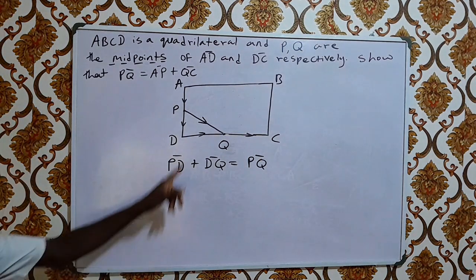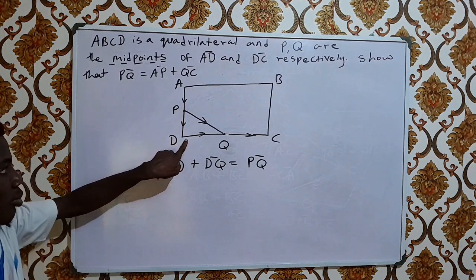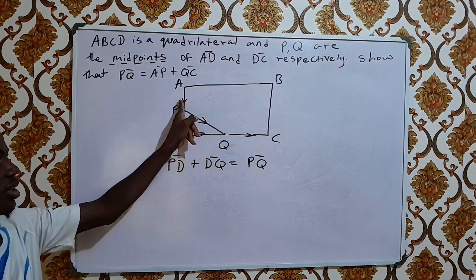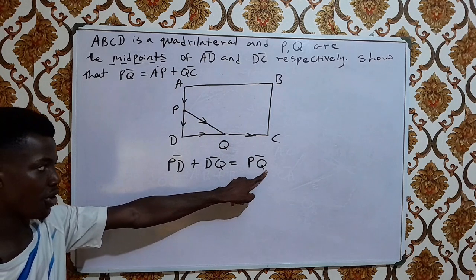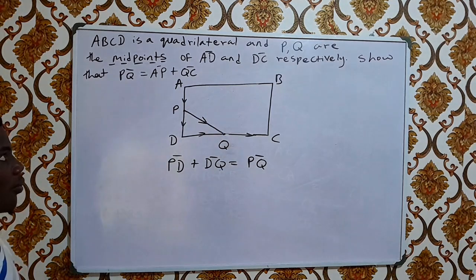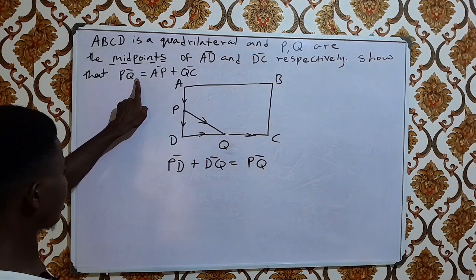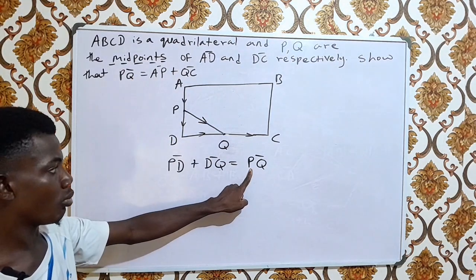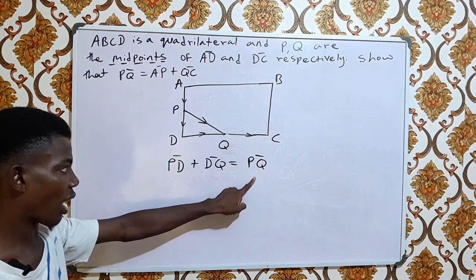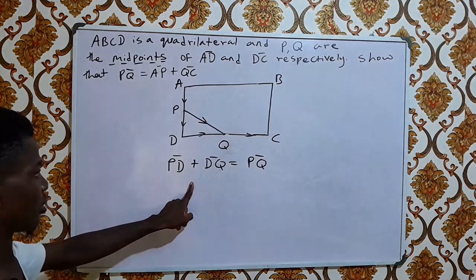You can see PD plus DQ is equal to PQ. We stop. We can see PQ is here, equal to something. PQ in our proof is also equal to something.